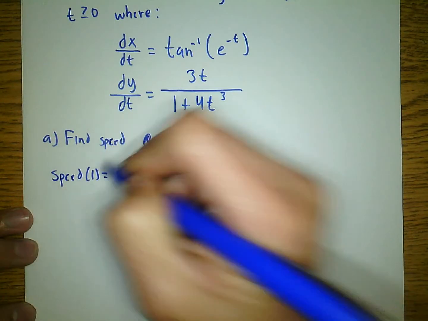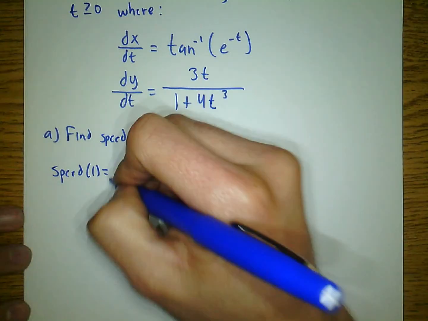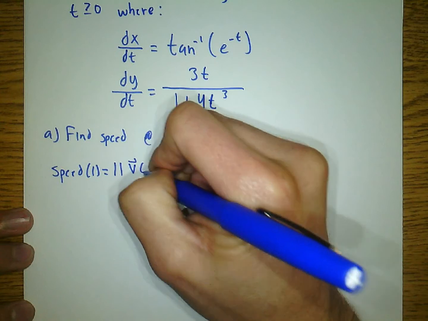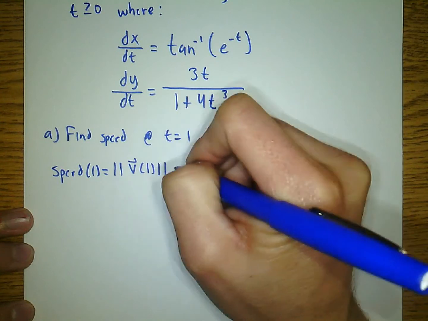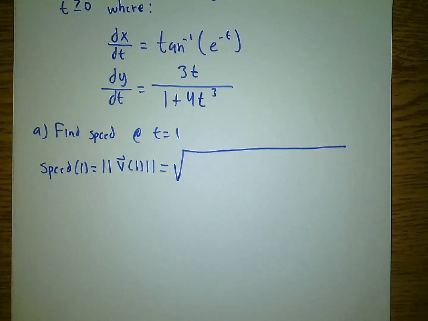Speed at 1 is equal to the what? The magnitude of velocity, and I'm going to go ahead and plug in 1. So the magnitude of velocity would be the square root of what? Wouldn't it be the inverse tangent of e to the power negative 1, squared? Good.